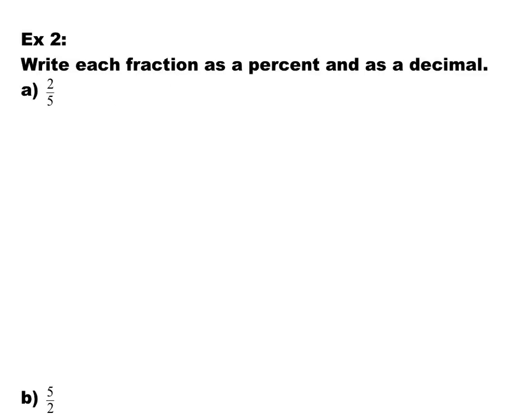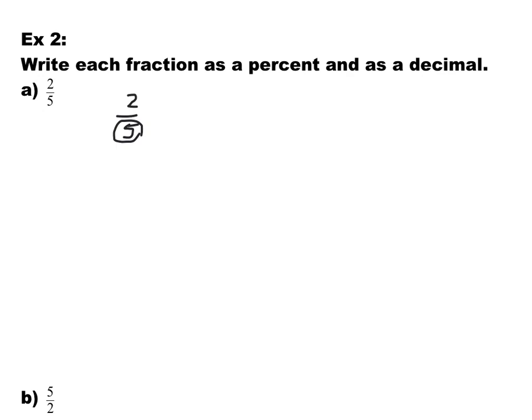The next example is to write each of these fractions as a percent and as a decimal. 2 over 5. This is the fraction form. To write this one as a decimal, first we are going to talk about percentage. To write this one as a percentage, remember that the denominator, which is 5 here, has to become 100.